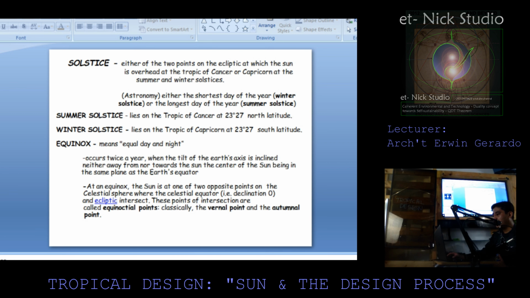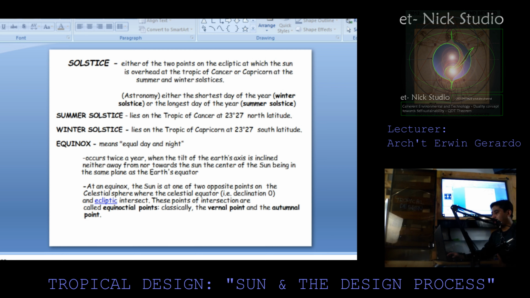Solstice, as defined, either of the 2 points in the ecliptic at which the sun is overhead at the Tropic of Cancer or Capricorn at the summer and winter solstice.